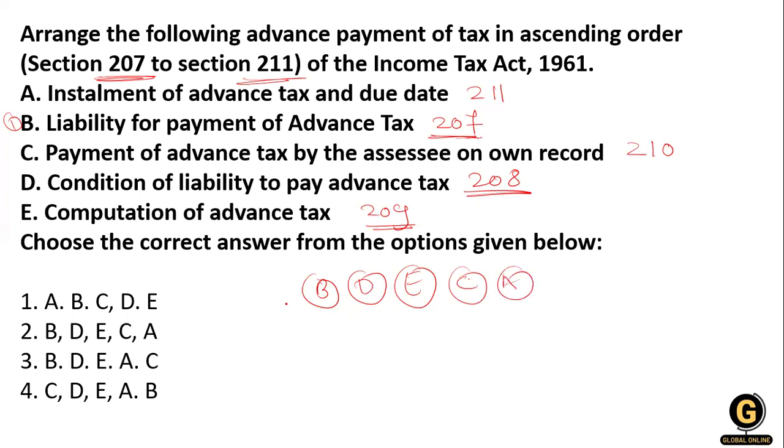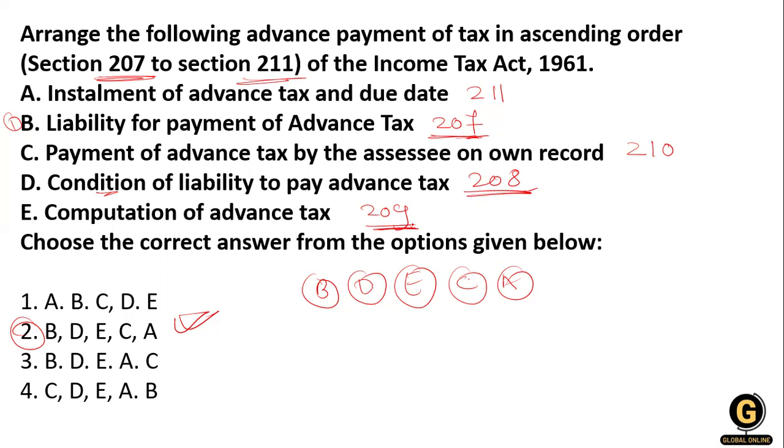So where is our option? That is option number B, D, E, C, A, so option number 2 is right over here. Let's understand the concept again. The liability for the payment of the advance tax is given in section 207. The condition for the liability to pay the advance tax, in which condition you are liable to pay, is given in section 208. Then we compute the advance tax, which is given in section 209.